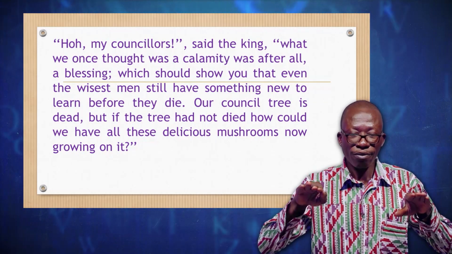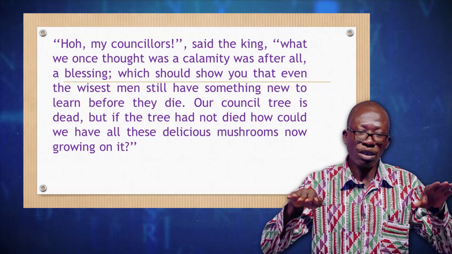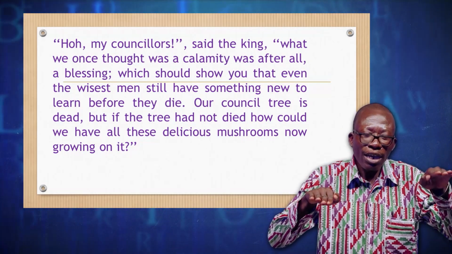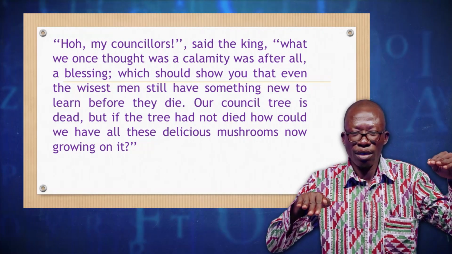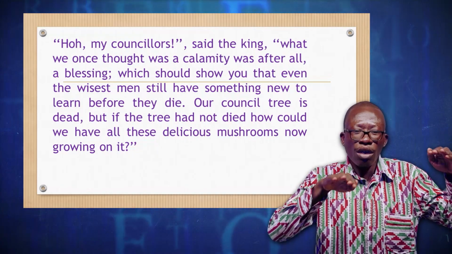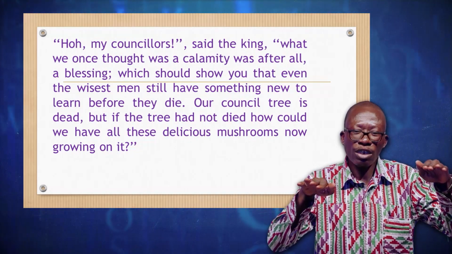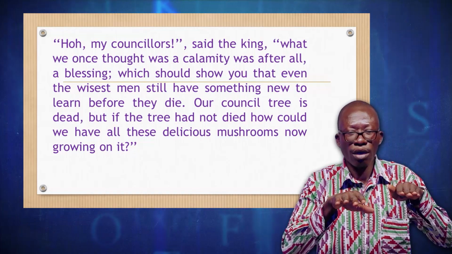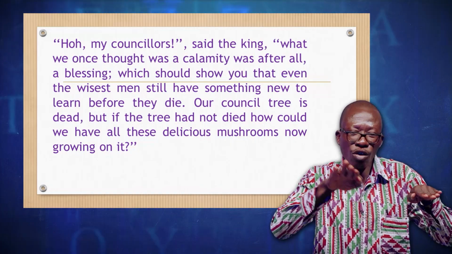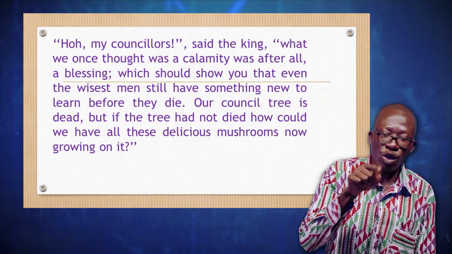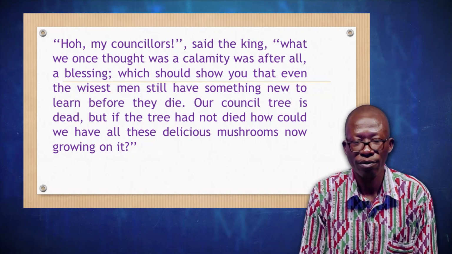So that one, if the tree had not died, is in lesser rank than the main clause. But of course, that main clause has its fulfillment because the tree had died.